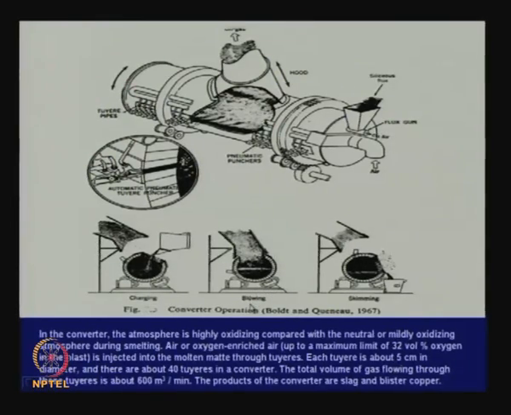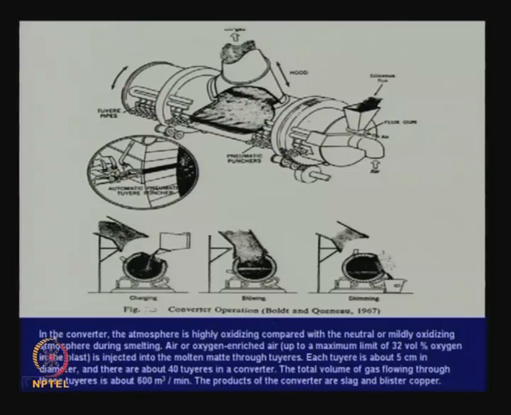We start blowing oxygen from this side, and after it is blown, we can tilt it the other way, pour out the product which is blister copper. So, charge, blow, tilt the other way, fully take out the blister copper. This is the converter operation.